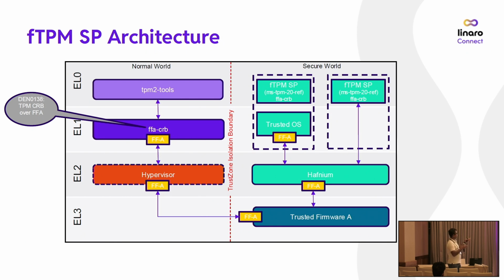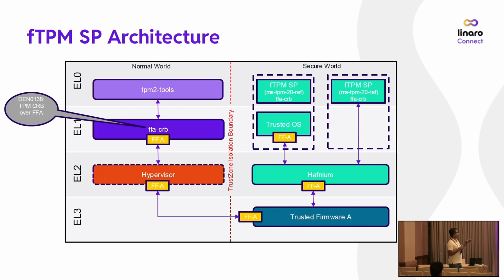And based on the platform components, TF-A will deliver the message to fTPM SP either through Hafnium or through the trusted OS. And once it reaches the fTPM SP, the fTPM SP would interpret the FFA message and also parse the CRB structures in the memory.